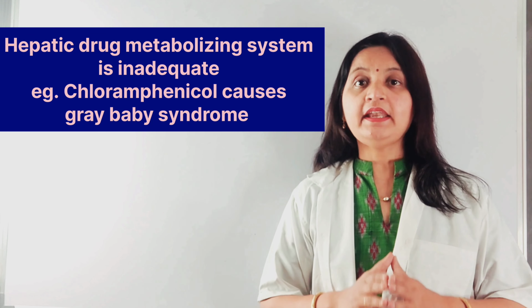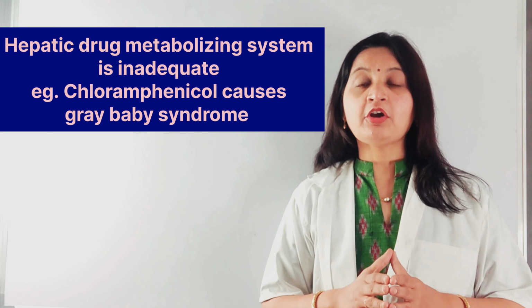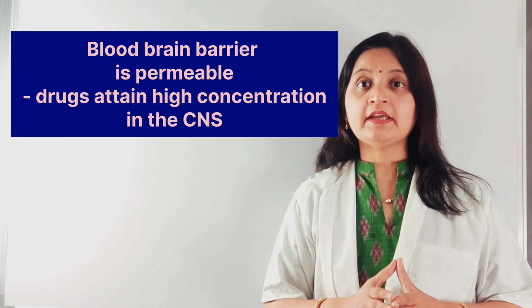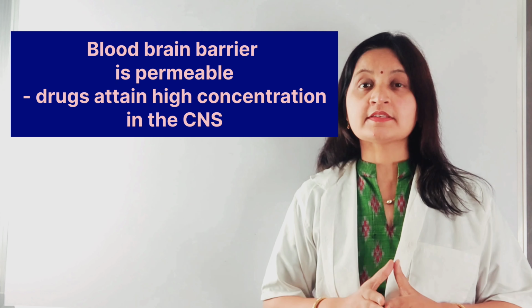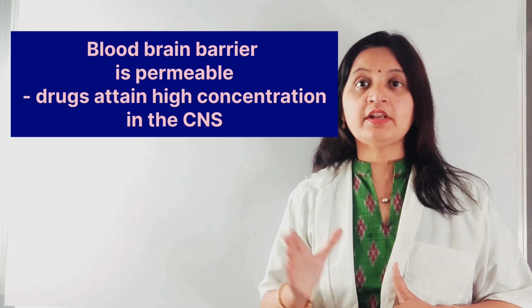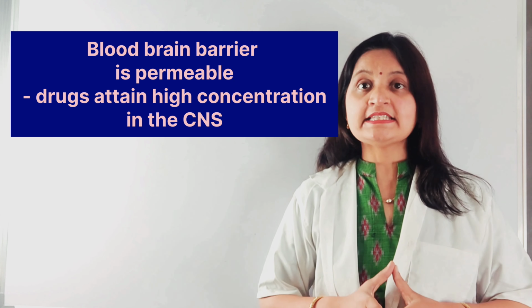Thirdly, the hepatic drug metabolizing system is inadequate in infants and neonates. So, chloramphenicol can cause grey baby syndrome in infants. Also in infants, the blood-brain barrier is permeable to most drugs. So, unconjugated bilirubin can easily enter the central nervous system and can cause kernicterus, and this effect is mostly seen in premature infants.